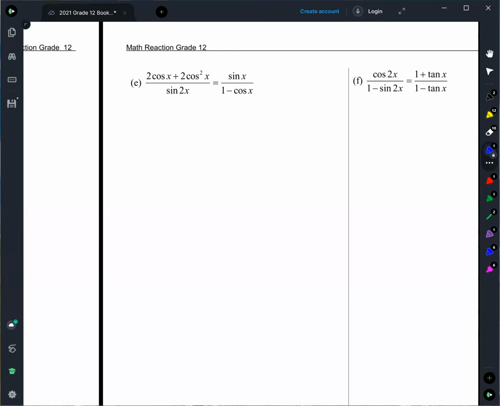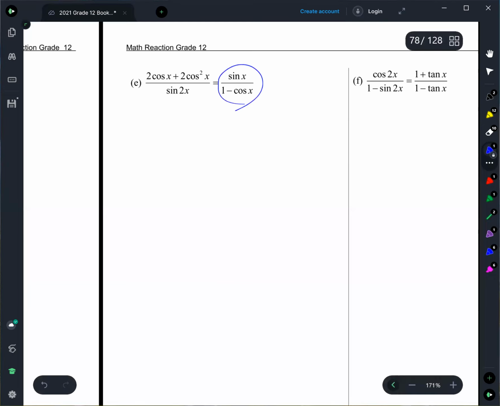Because it looks bigger, more complicated. That's a good reason. The right-hand side is already very simple, and we cannot do any canceling. So pick the side that has more stuff to work with: the left-hand side.